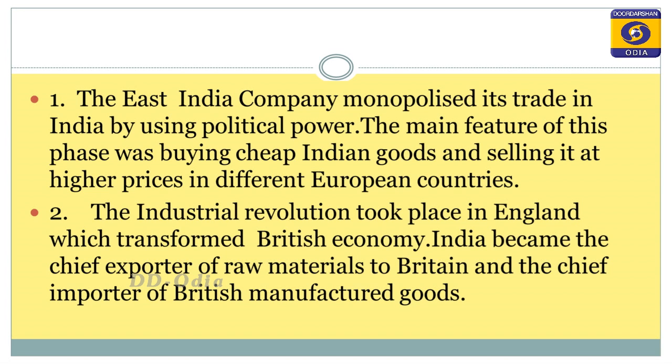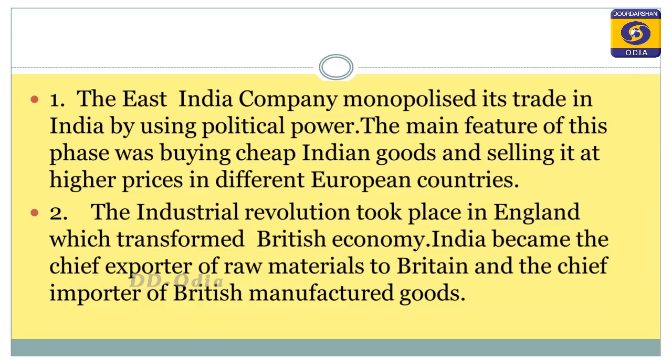It forced the countries under the rule of the English East India Company not to establish any trade relationship with other companies like the French company or Dutch trading companies. And the main feature of this phase was buying cheap Indian goods and selling them at higher prices in different European countries.